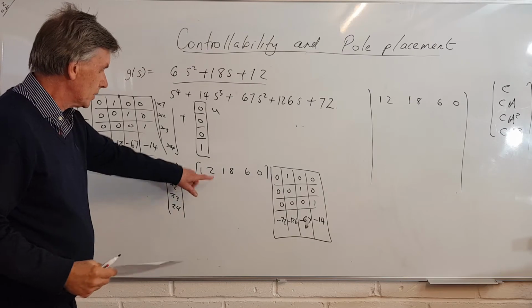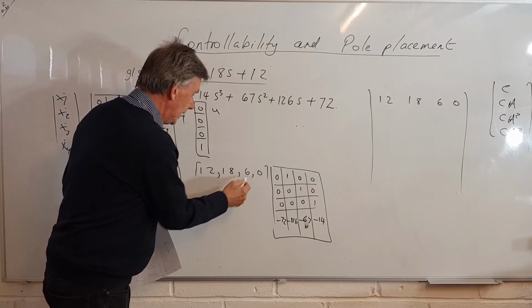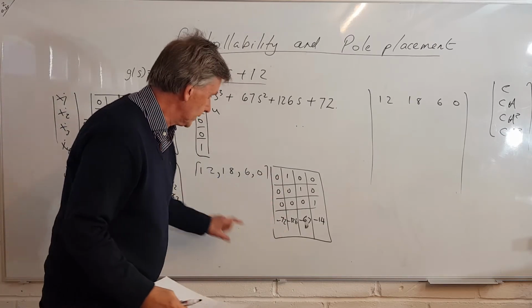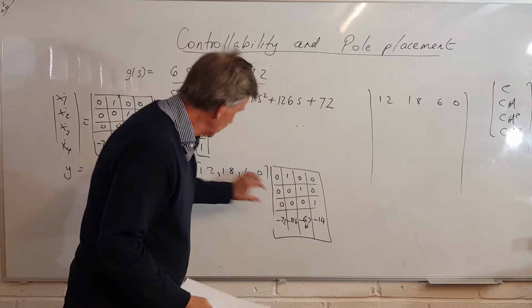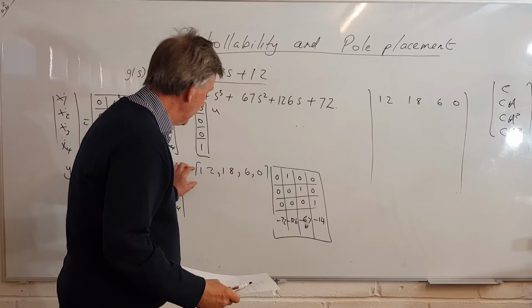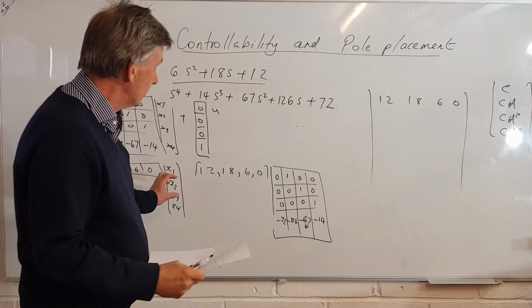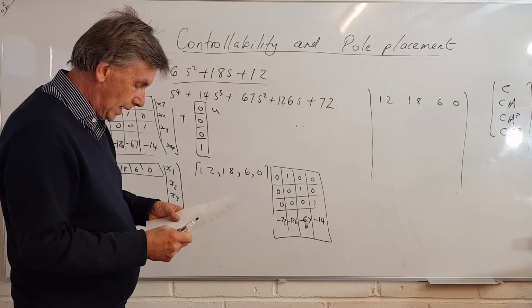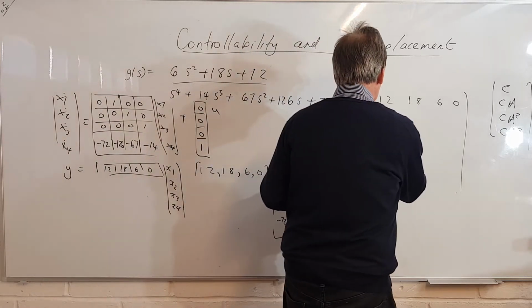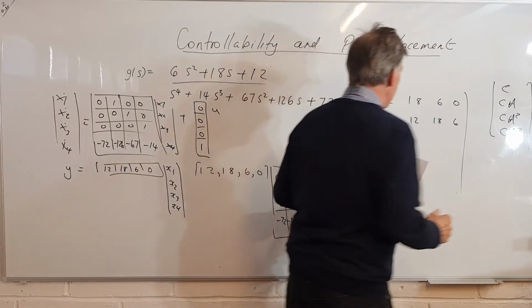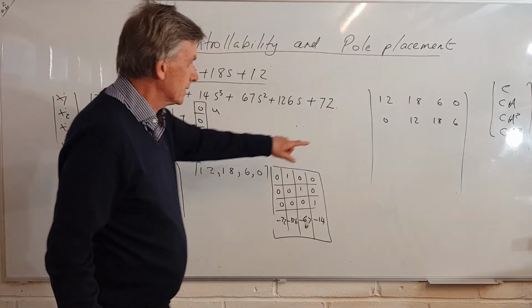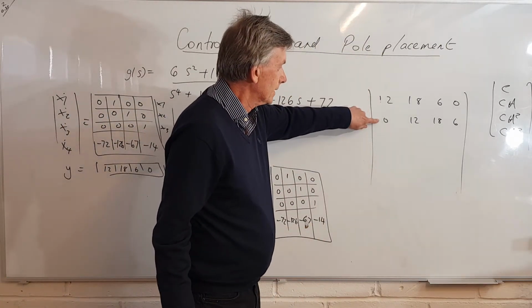We then multiply the 12, 18 and 6, 0 into this matrix. So we get this multiplies into this, that multiplies into that. So it's rows into columns. And this will come out as 0, 12, 18, 6. So this now represents C, this represents CA.